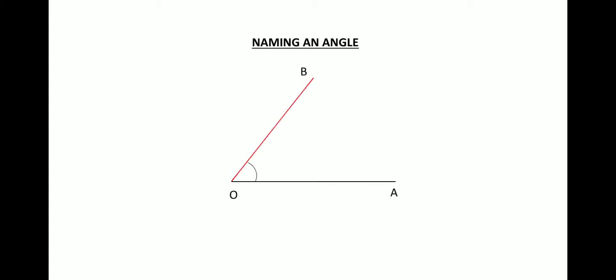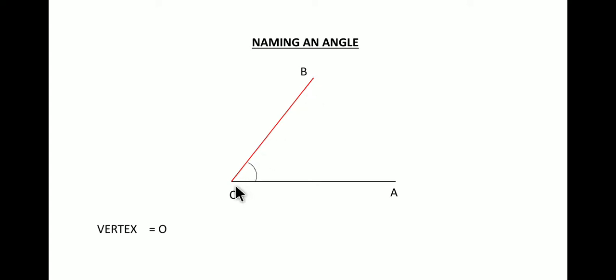Now let's learn naming an angle. So how do we name any given angle? So here is the angle, okay, and see over here the vertex is point O. Now keeping this vertex O in the middle, we have to name it either like BOA or we can say AOB.